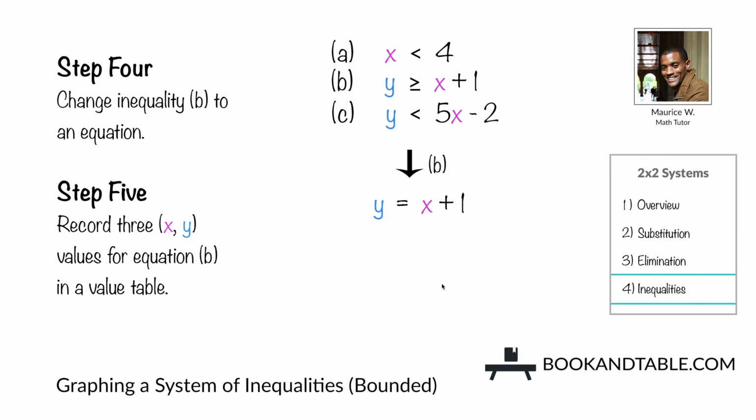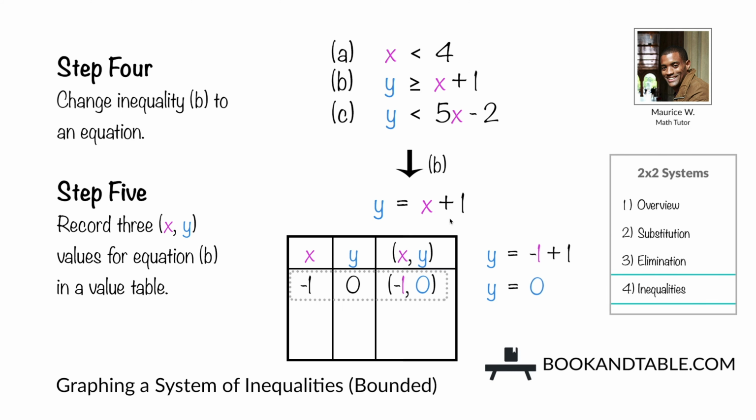And now we want to create a value table for B. So step 4, change inequality B to an equation. We change the greater than or equal to sign to an equal sign. And now we have y is equal to x plus 1. So we can create a value table for equation B. So when x is negative 1, y is equal to negative 1 plus 1, which is 0.